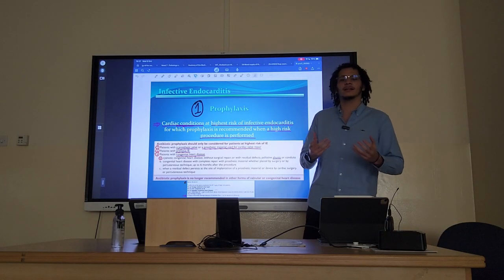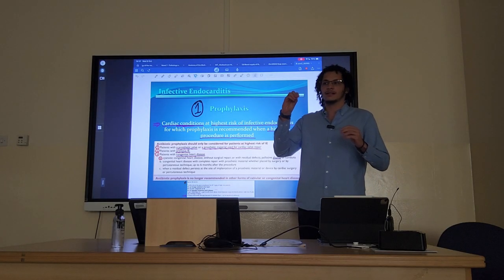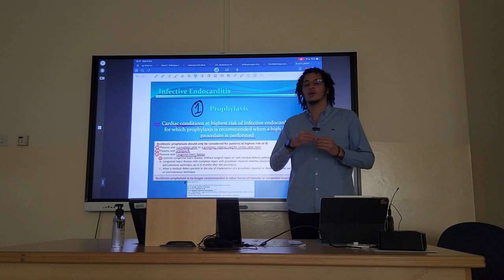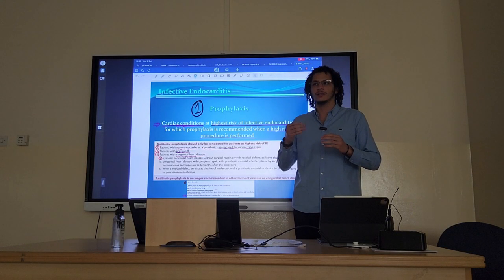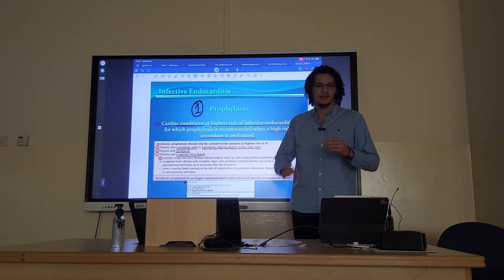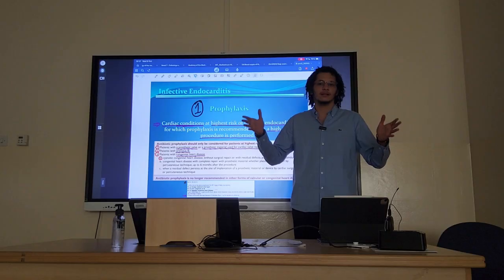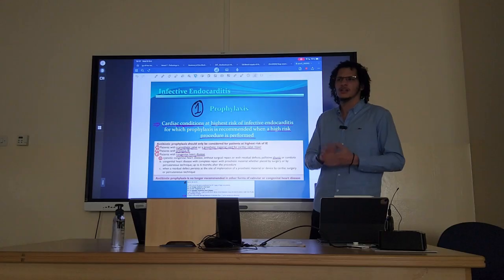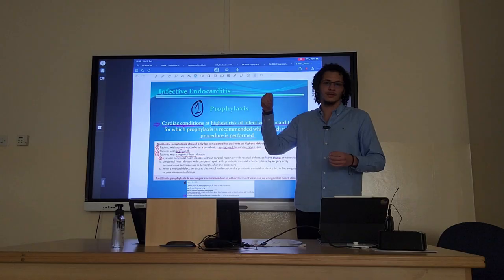What do we mean by empirical treatment? It is once we know that the patient has an infection, infective endocarditis, but we're not sure about the microorganism that's causing this infection. In this case, while we're waiting for laboratory tests to tell us which species it is, or which bacteria specifically, we would give them a wide spectrum pharmacological treatment to try to cover everything, as long as we don't have the laboratory tests.